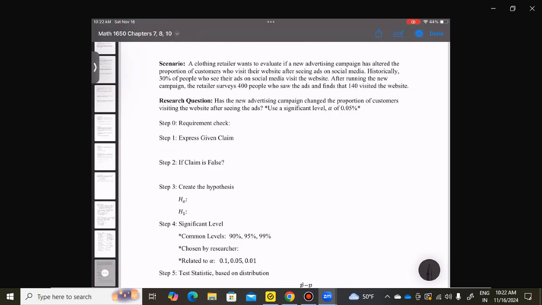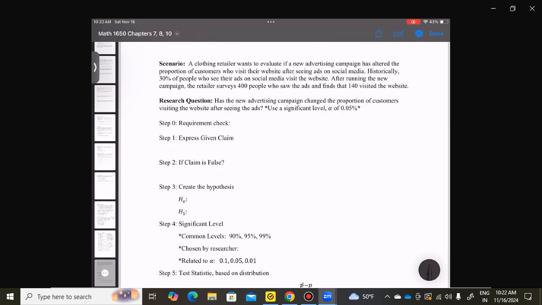After running the new campaign, the retailer surveyed 400 people who saw the ads and finds that 140 visited the website. Has the new advertising campaign changed the proportion of customers visiting the websites after seeing the ads? Use a significance level of alpha of 0.05.